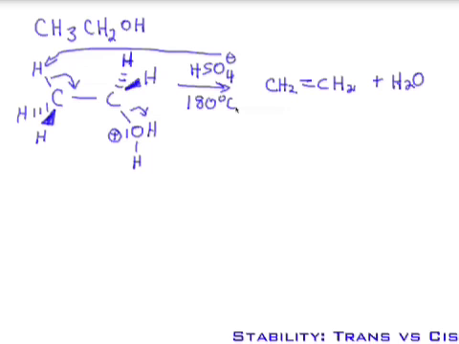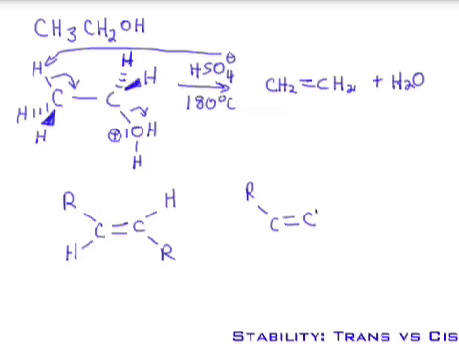Okay. Now, one last point that I want to make about product alkenes is that when you form alkenes, and we'll see this more closely when we look at alkene chemistry later on, trans alkenes are typically more stable than cis.